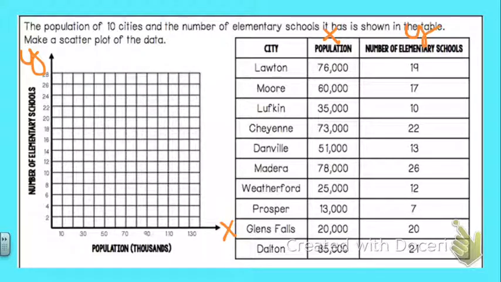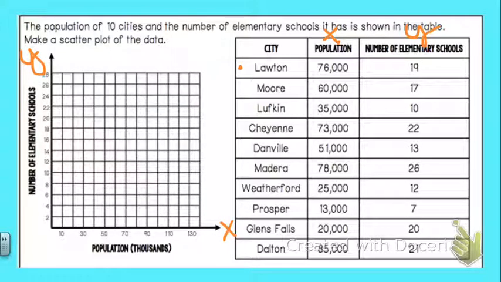So I'm going to start out with this first school right here. Lawton, it has a population of 76,000. So what I need to do is, I notice that there is this in between line right here that is another 10,000. Okay, so it goes up by 10,000s. So I'm just going to have to really estimate where 76,000 is.